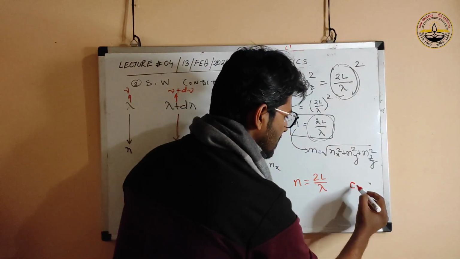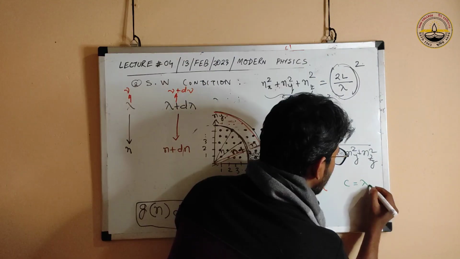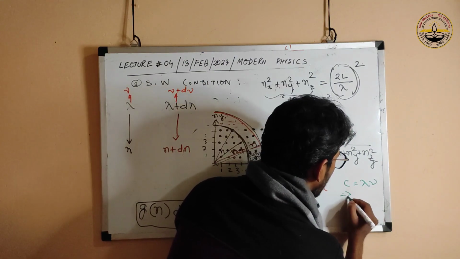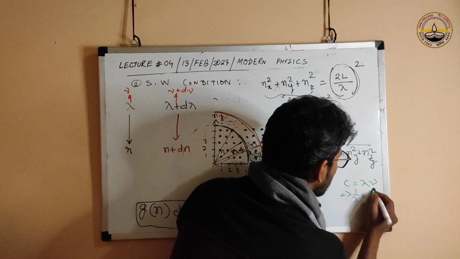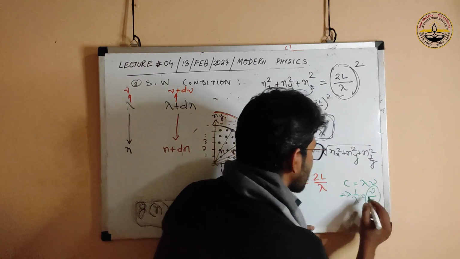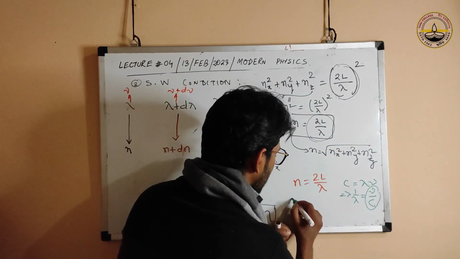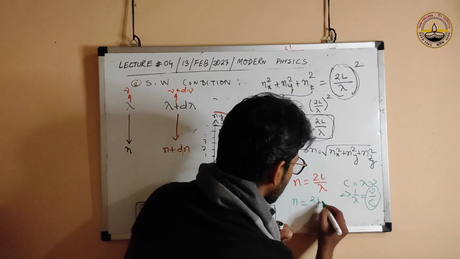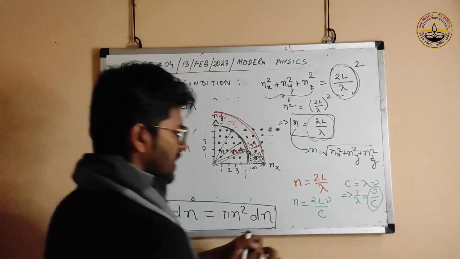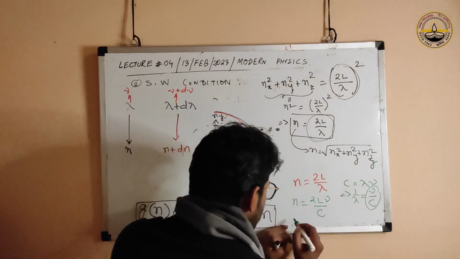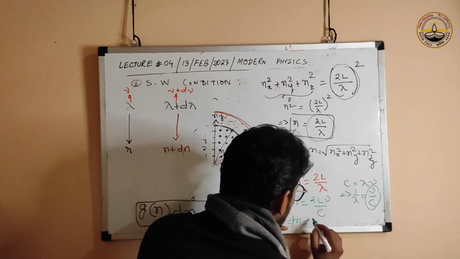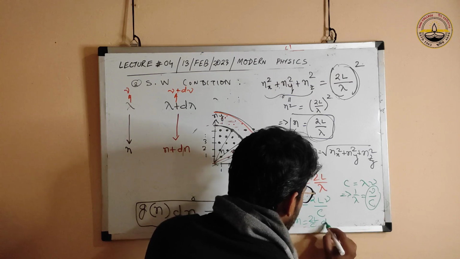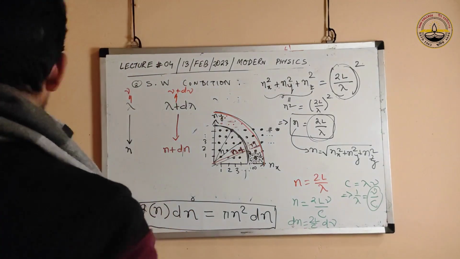So c, the speed of light, equal to lambda nu. So 1 over lambda equal to nu over c. So n equal to 2L nu over c. And that means that dn equal to 2L over c d nu. Right?